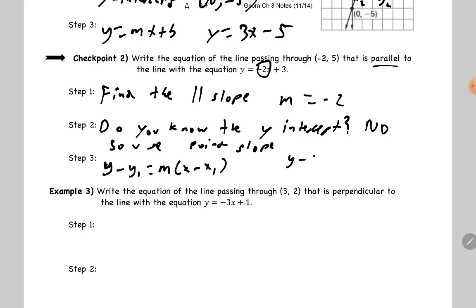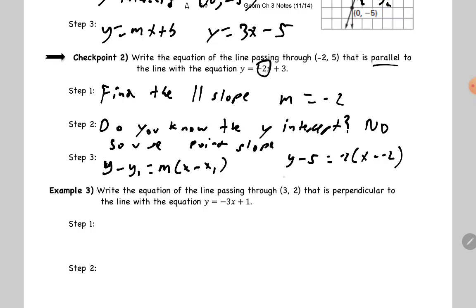So y minus 5 is equal to negative 2 times the quantity x minus 2. Okay. So I'll have y minus 5 equals negative 2x minus 4, because this becomes positive, and a positive times a negative is a negative. I'm going to add 5 over to both sides, and we'll get y equals negative 2x plus 1.